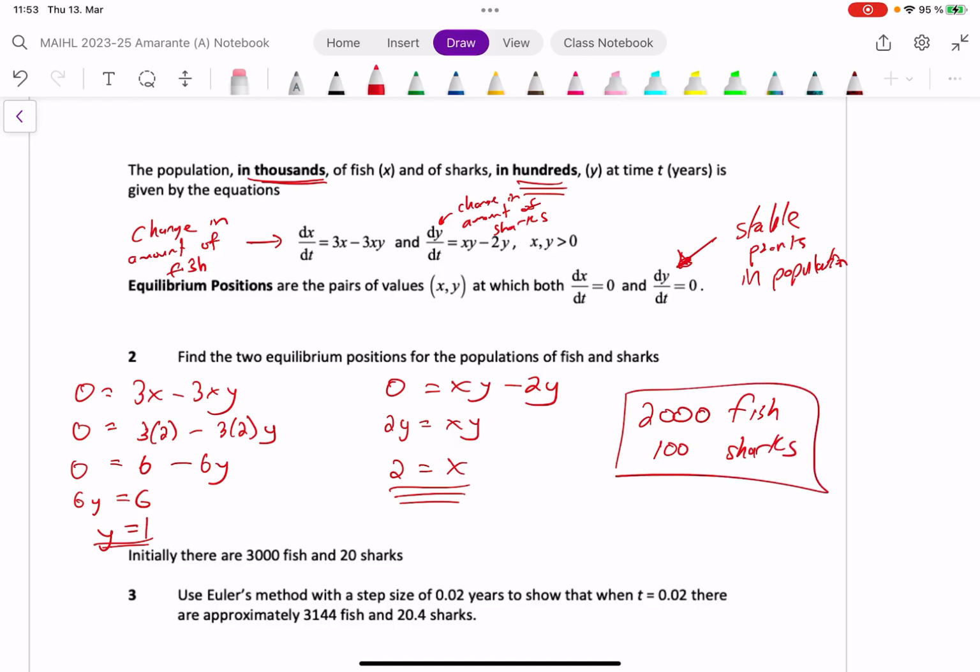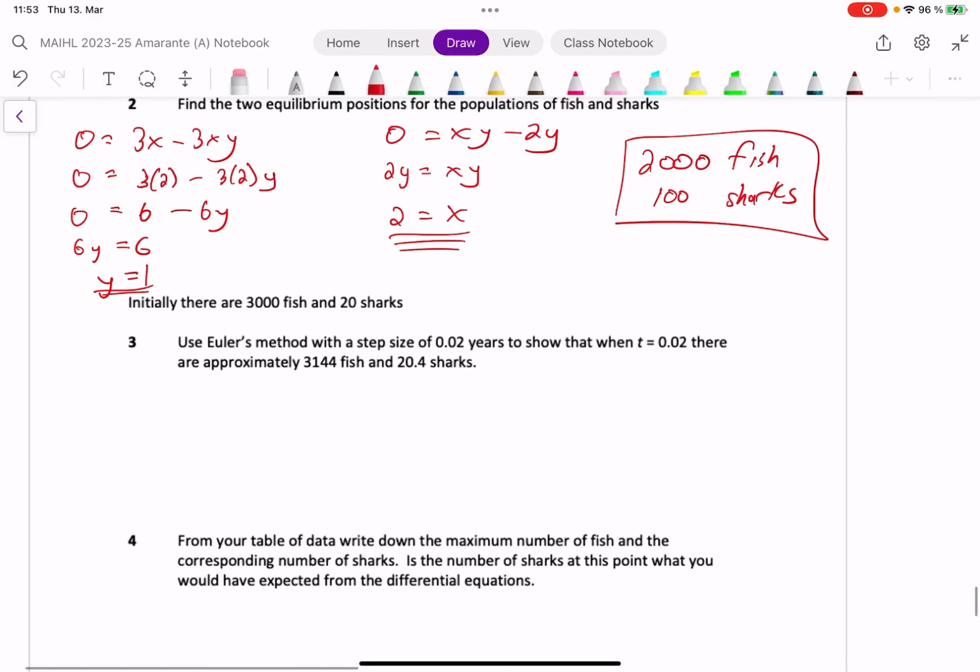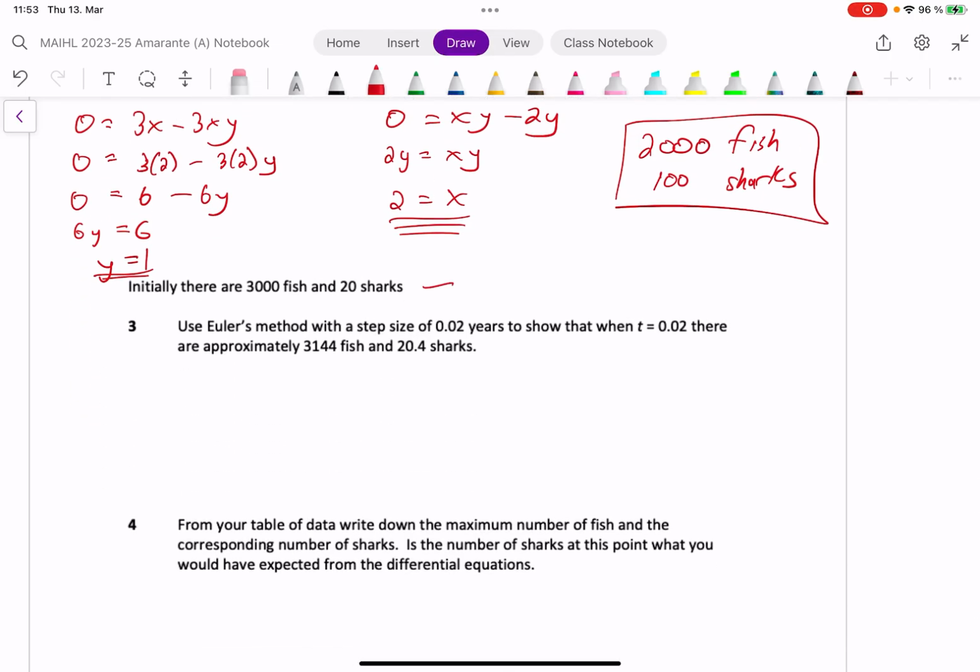So what this says is if you get to a population of 2,000 fish and 100 sharks, the populations will not change. They both have a rate of change of 0. It's this equilibrium point.